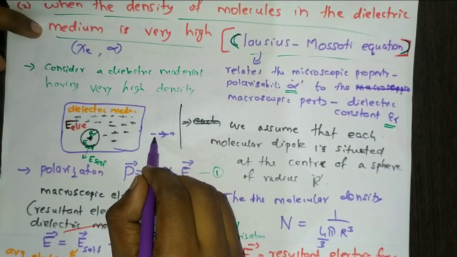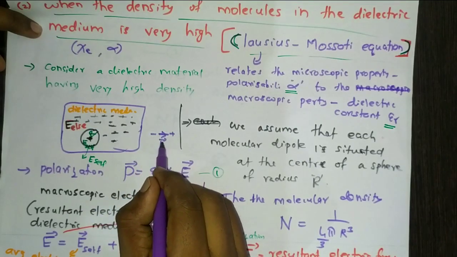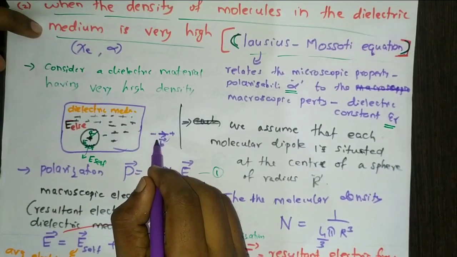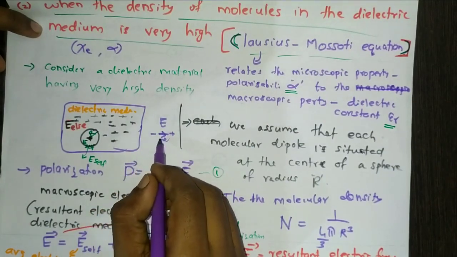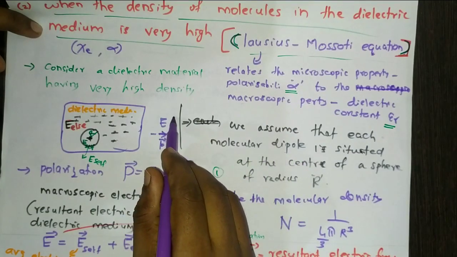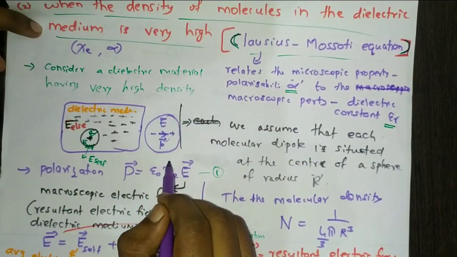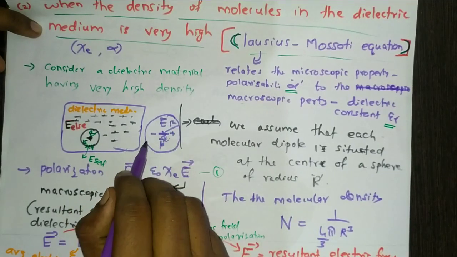Then each molecular dipole produces its own electric field, and we assumed that each such dipole is situated at the center of a sphere of radius r.